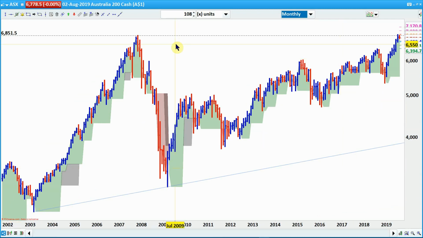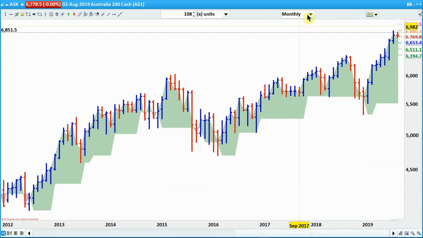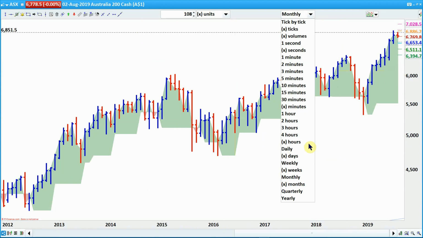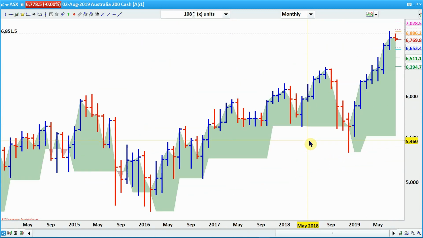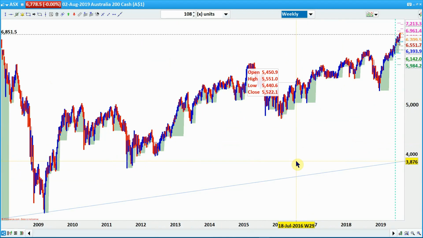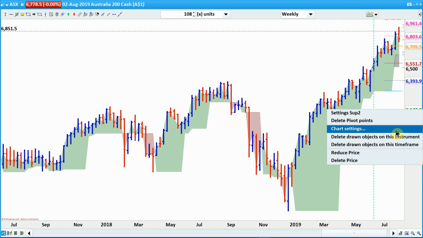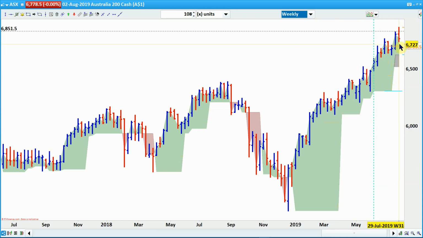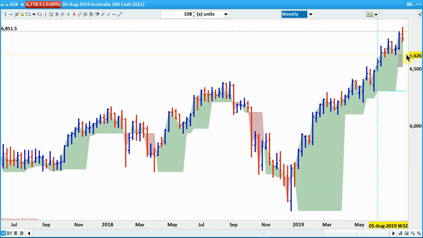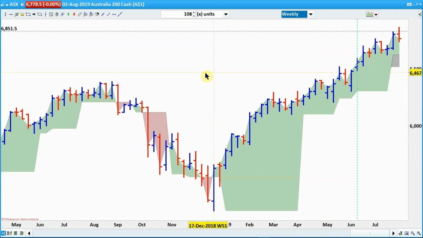It's making a double top, 6,851, 6,851, and then we'll go to weekly, and the weekly it has made these pivot points. Delete price line. Yeah. So now we are actually seeing a weakness there.